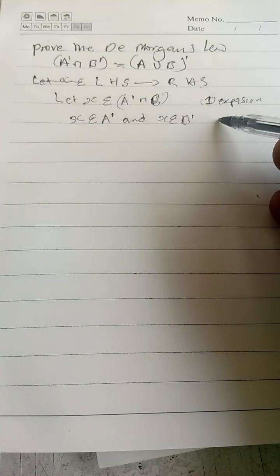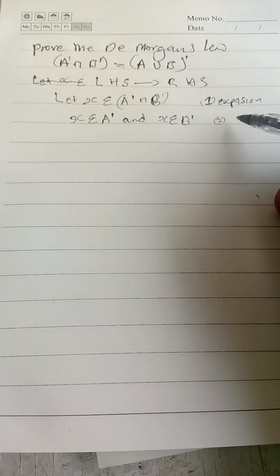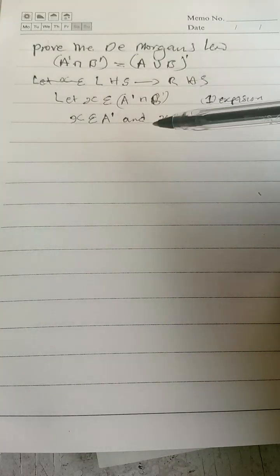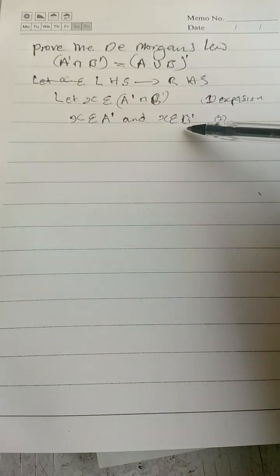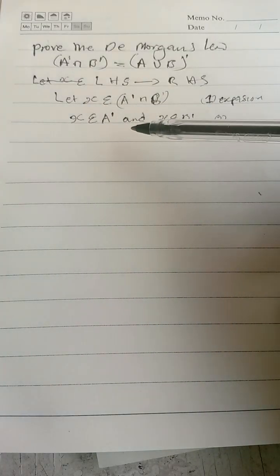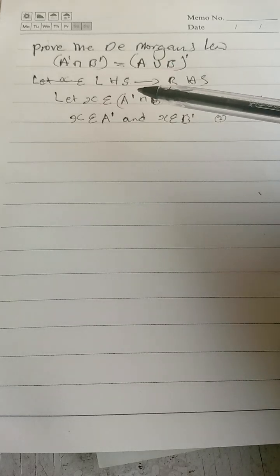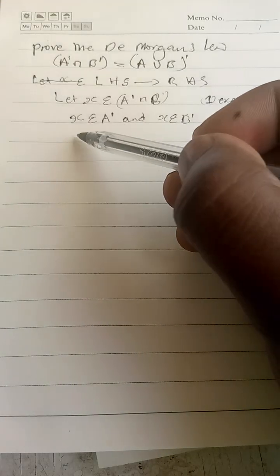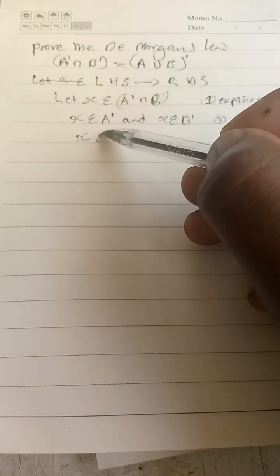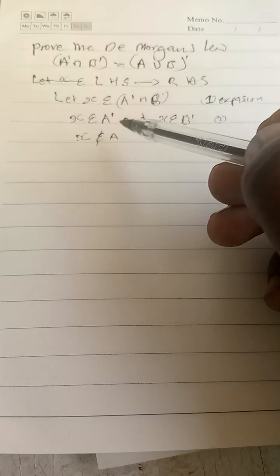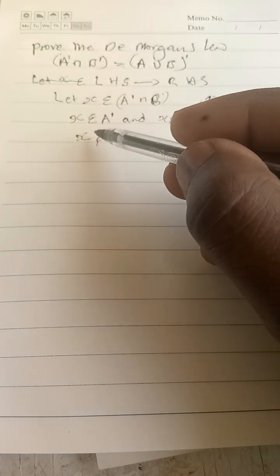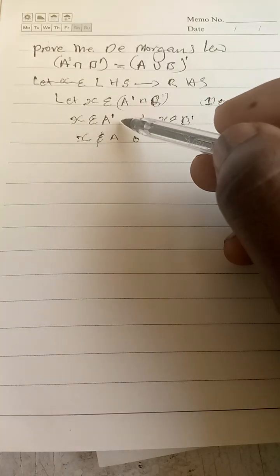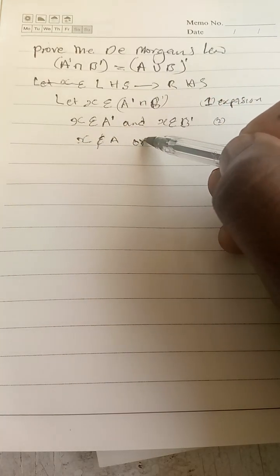After expansion, the second step is going to be factorization or word changing. It depends on the question. So after doing the expansion, we have this. Now, without changing the meaning, we can say the same thing in other words. We can say x is not a member of A, or, once I change from a member to not a member of, I need to change and to or.